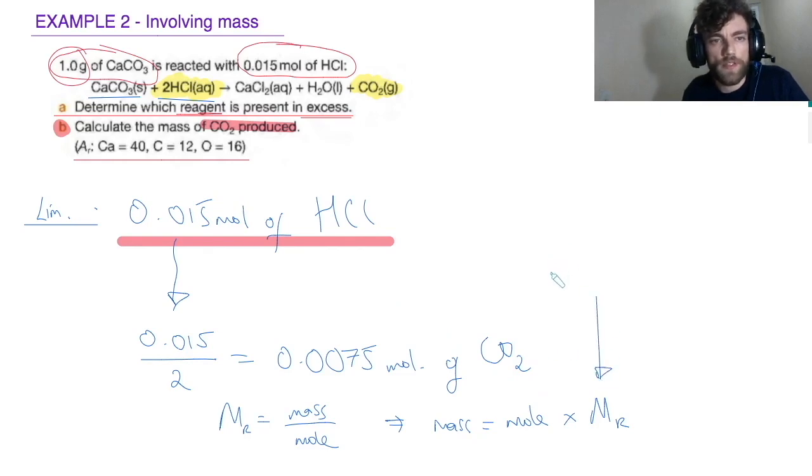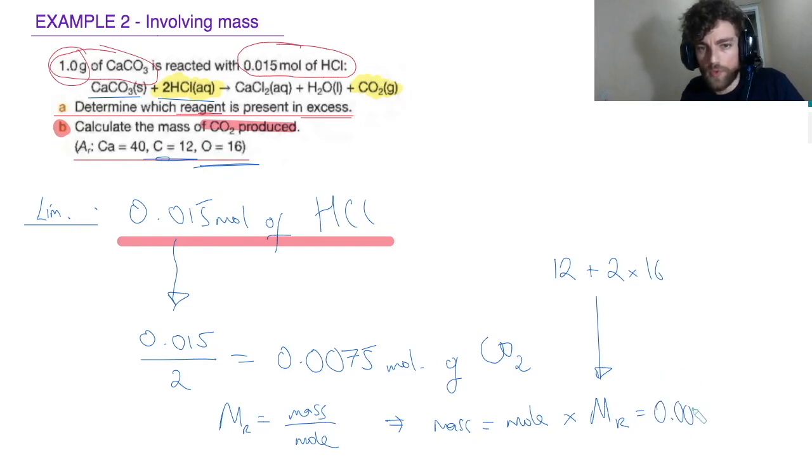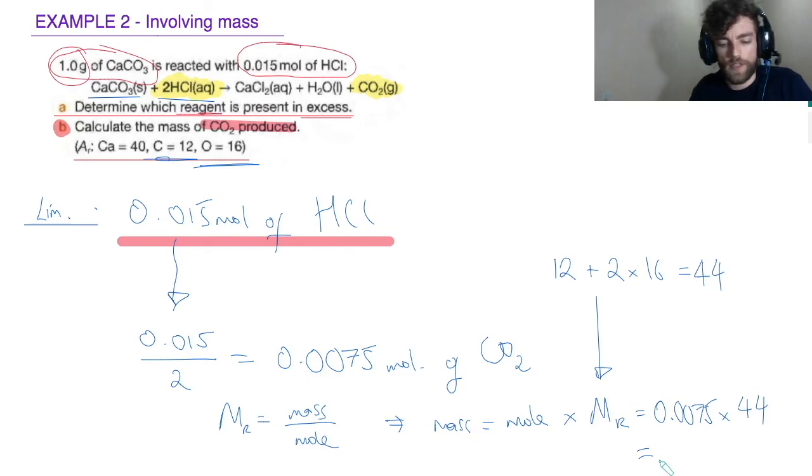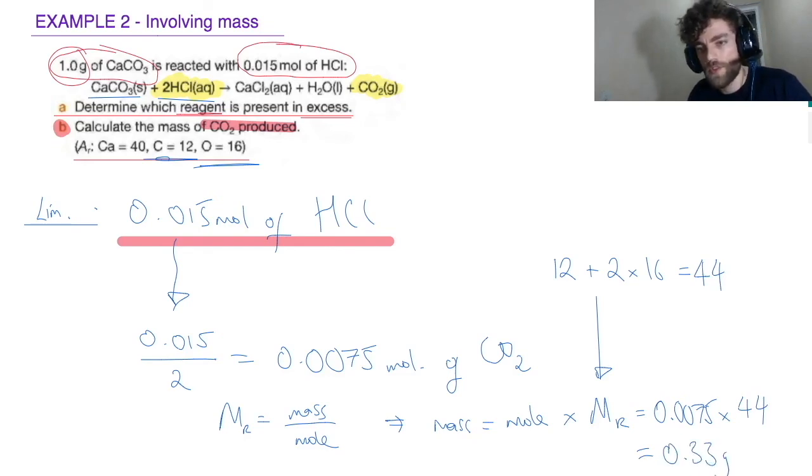Carbon dioxide is going to be 1 carbon, which is 12, plus 2 oxygens, which is 2 times 16, and therefore I have my moles, 0.0075, times the total of this, which is 44, and finally I get that the mass of carbon dioxide produced, theoretically, is 0.33 grams.